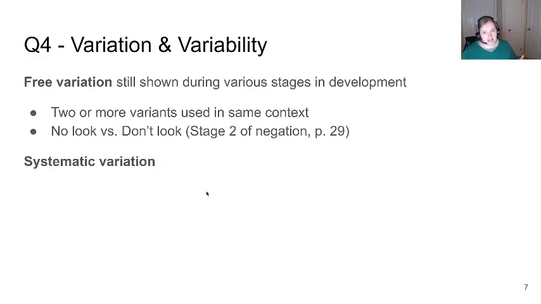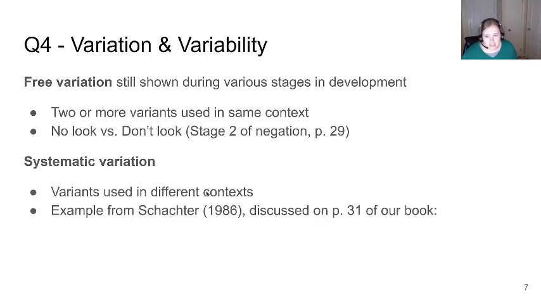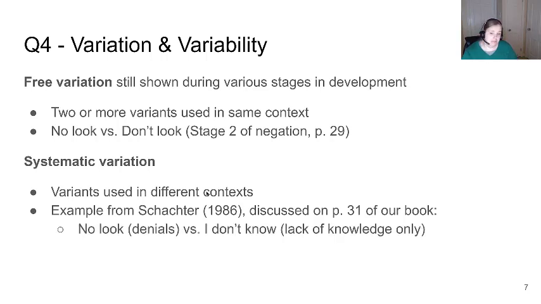Whereas systematic variation is a different kind, right? It's where we use variants in different contexts. There's an example in our book, again from negation, where I'm not sure which stage this is supposed to be. It looks like it is towards the end. But imagine someone has mastered, they say, no look for, I'm not going to do it.